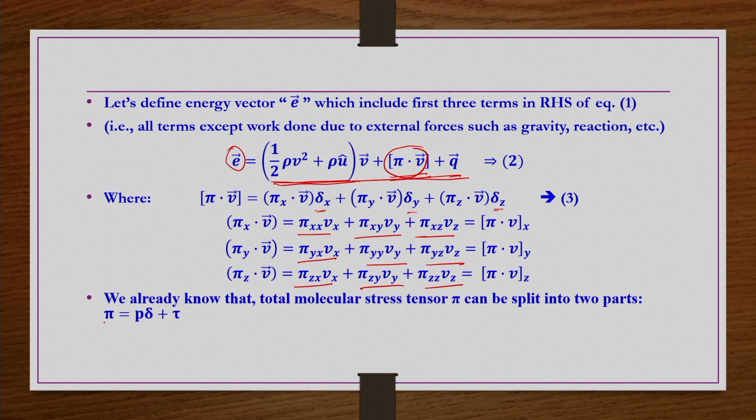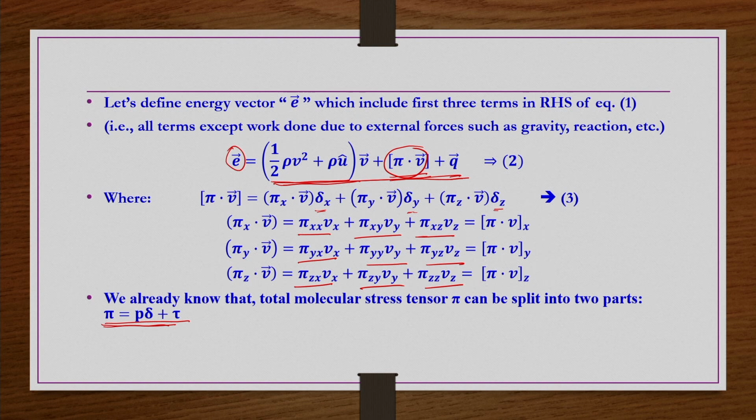Further we also know that the total molecular stress tensor pi has 2 contributions, 2 parts, that is tau and p Kronecker delta. If i is equal to j, then Kronecker delta ij is equal to 1.